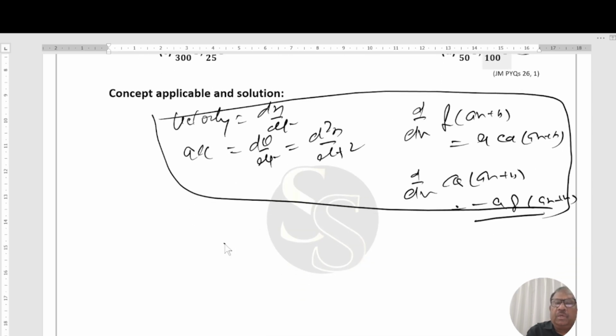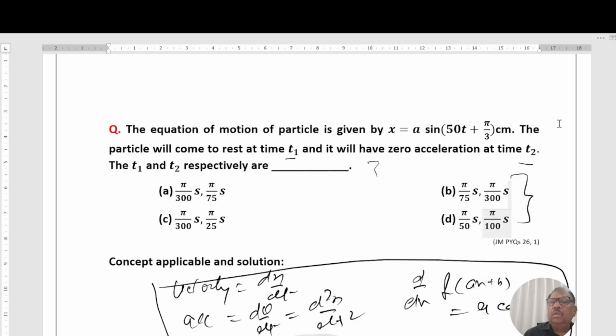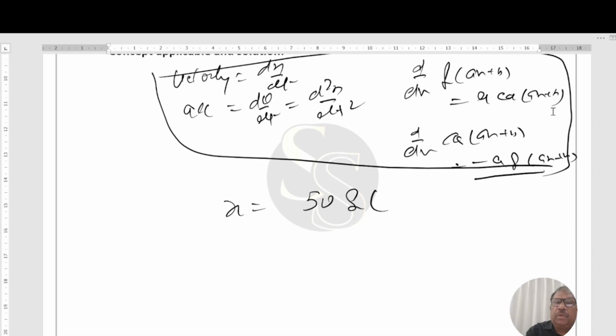Now, according to the question, x equal to a sine of 50t plus pi by 3. This is equation 1.